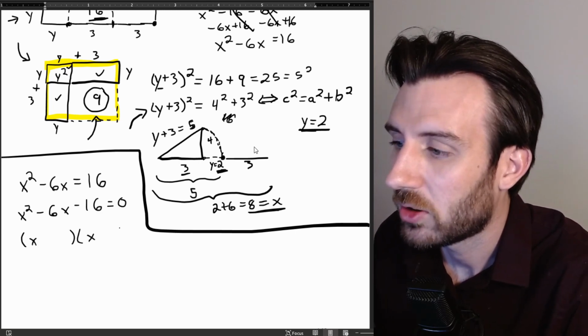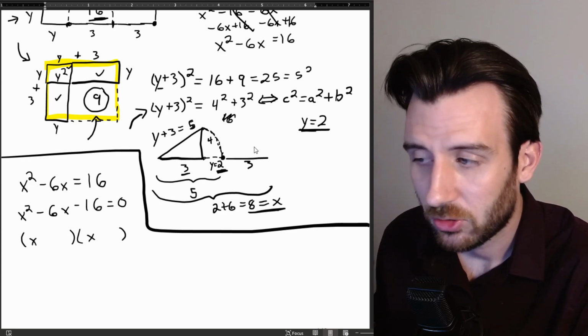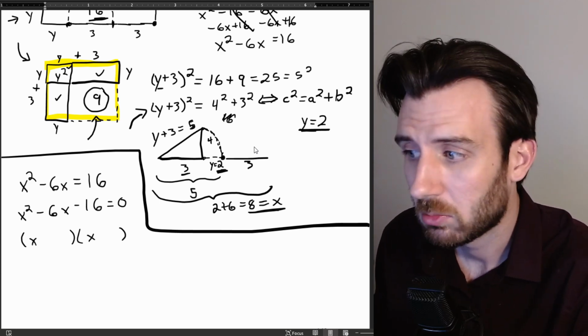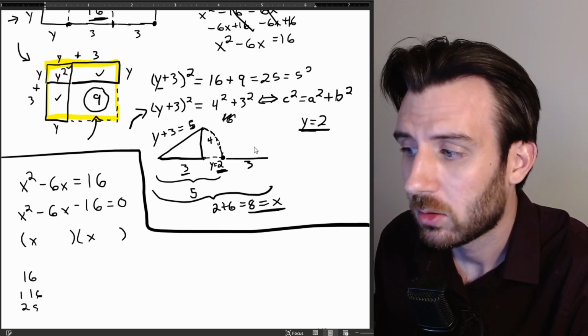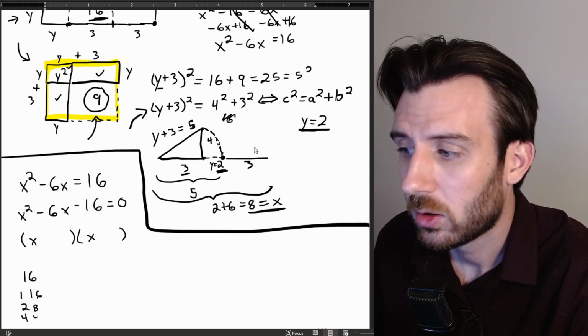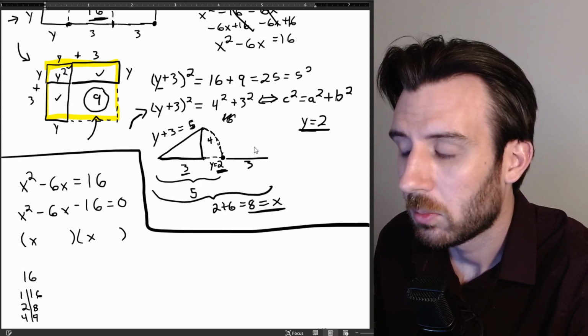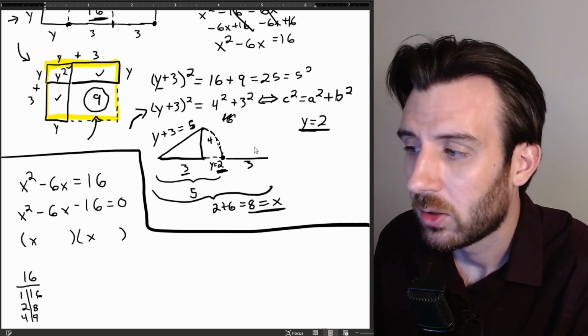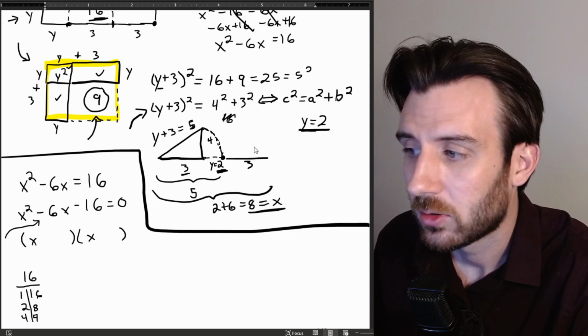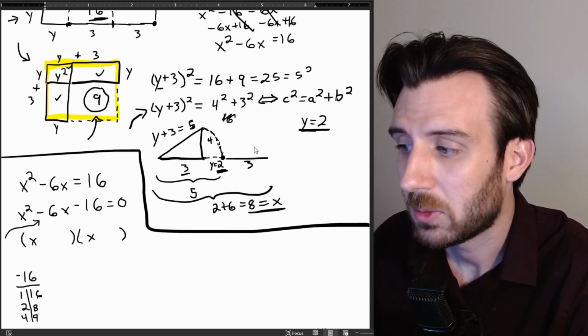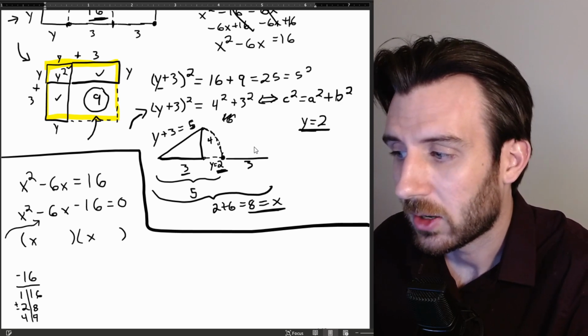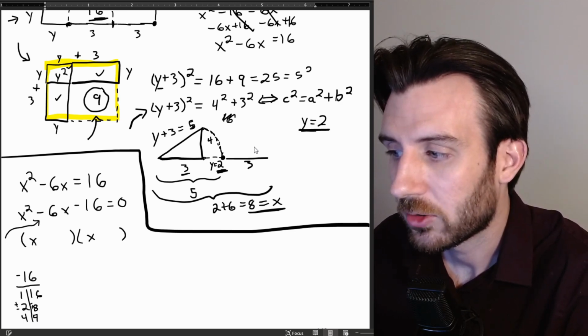I'm looking for two numbers that will multiply to 16. That could be 1 and 16. That could be 2 and 8. That could be 4 and 4. But they need to add up to negative 6. Well, that's because it needs to multiply to negative 16. So I could think of this as being a negative or positive 2, or a negative or positive 8.